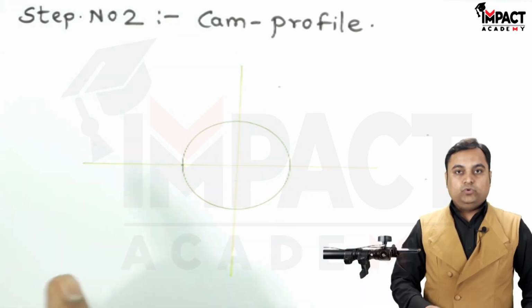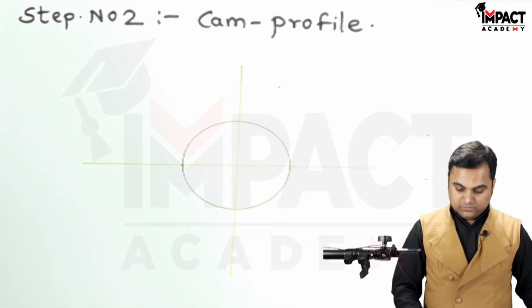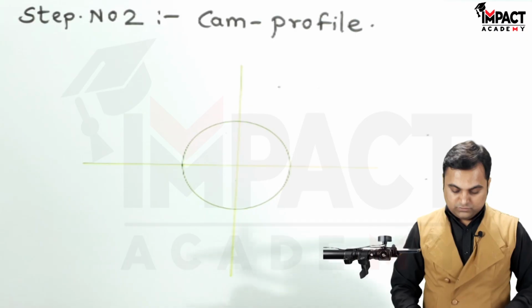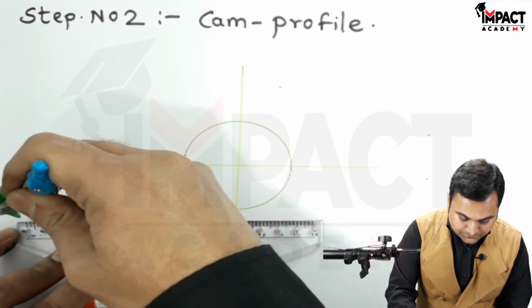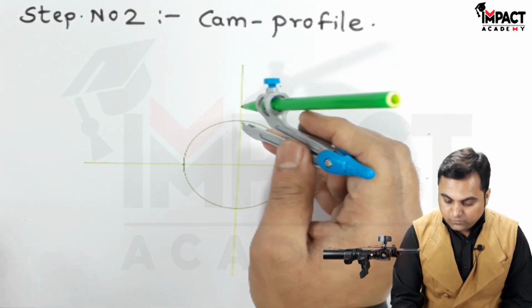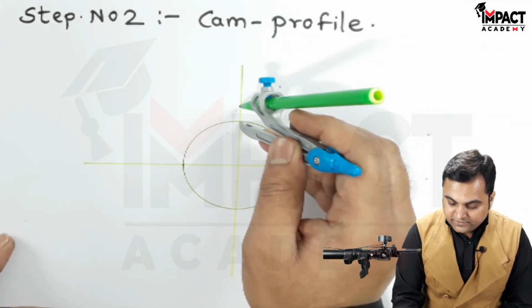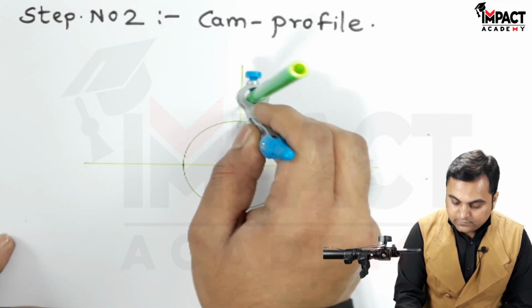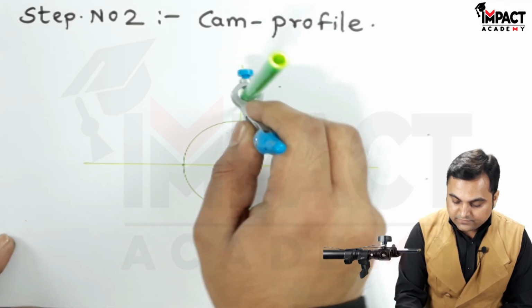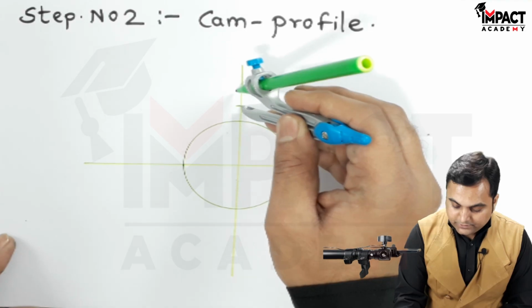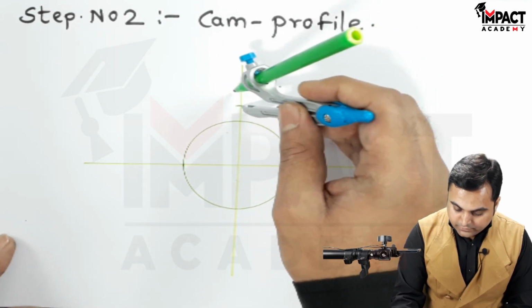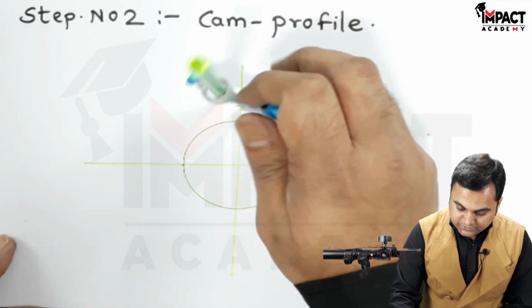After that, the roller radius is given as 10 mm, so I'll take 10 mm distance into the compass, and where this base circle is ending, I'll cut this line that will give me the center of the roller, and from this intersection point, I'll draw a circle which indicates the roller.